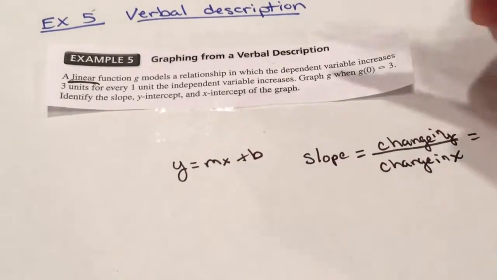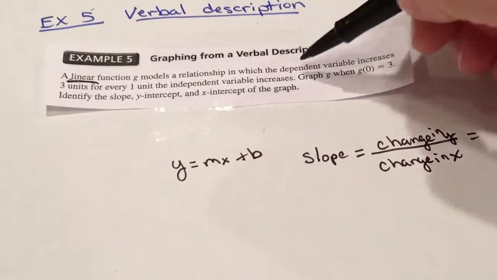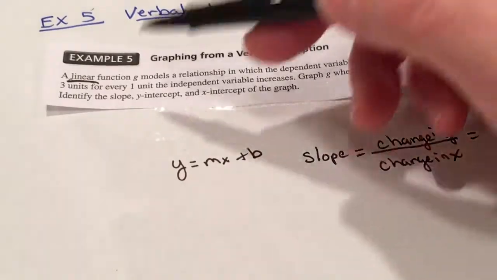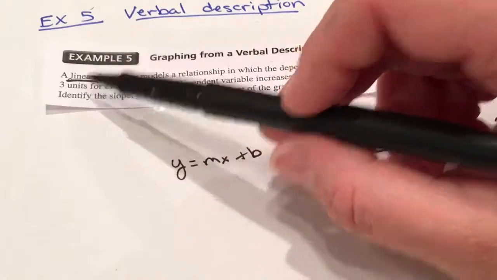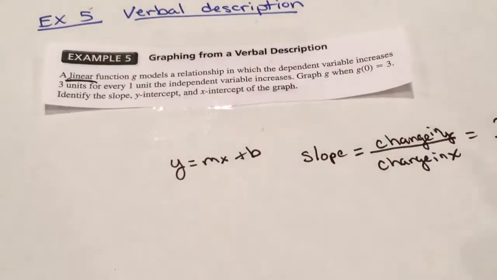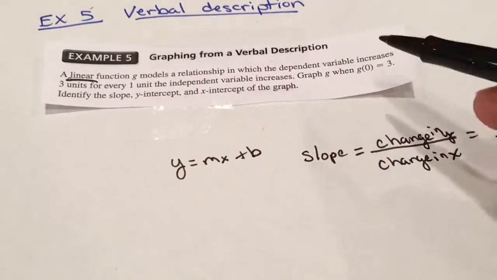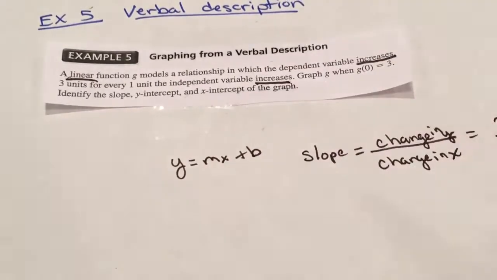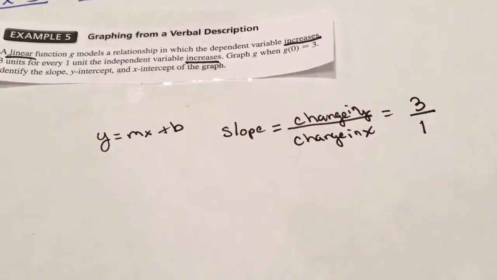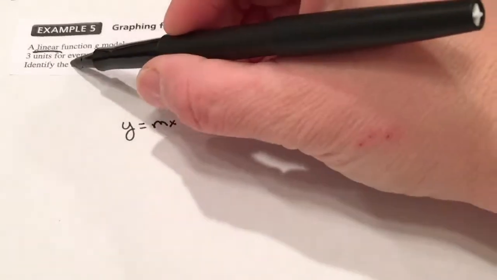And they tell you in this information that the change in the y is 3 units, and the change in the x is 1 unit. And they're both positive. It's increasing. Increasing is positive, and increasing here is positive. So that's finding slope. So the slope for this problem is 3, and that takes care of this first part.